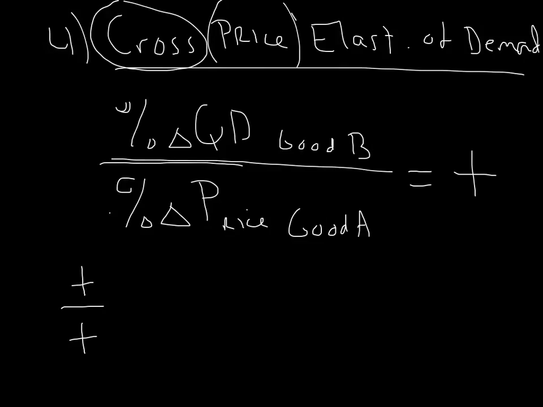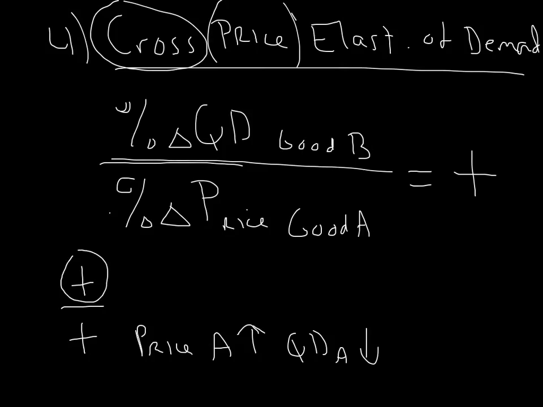So if the price of good A increases, we know that the quantity demanded of good A is going to fall. People buy less of good A. Well then, what would it mean if people now bought more of good B?